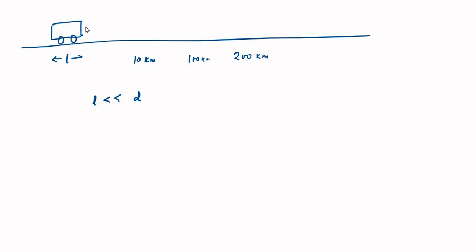So in this case we can consider this car as a point object moving with a certain velocity, with a certain value of acceleration, covering a certain distance. We can represent it as a particle because the distance which it is covering is very high as compared to the size of the car.